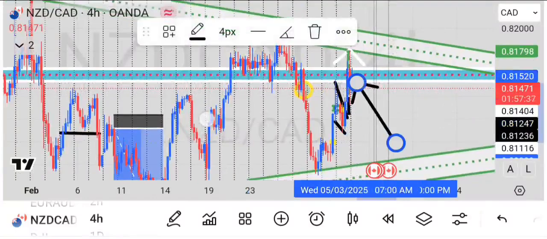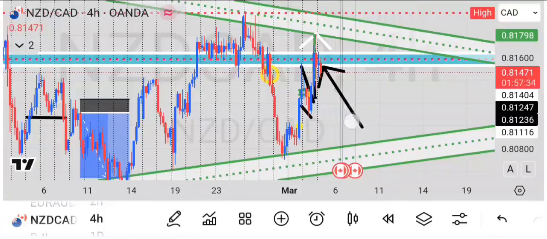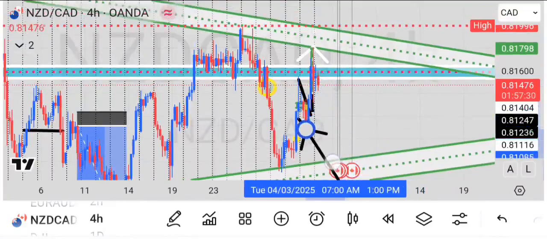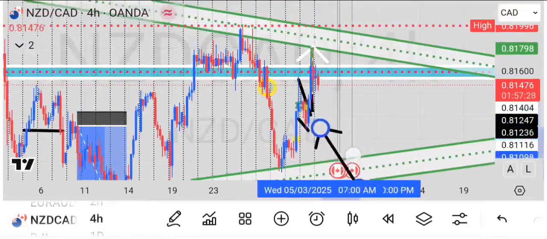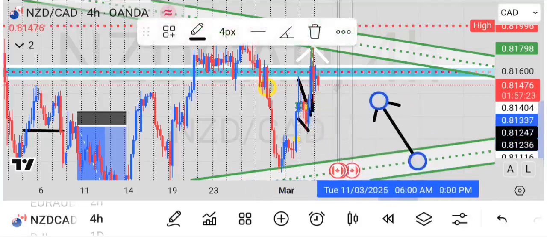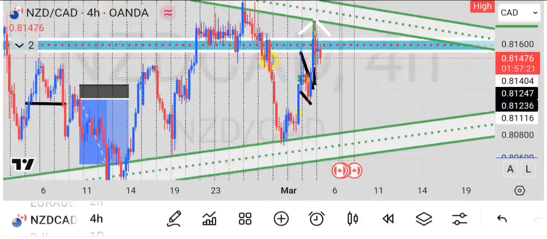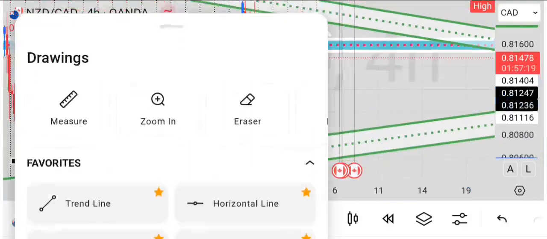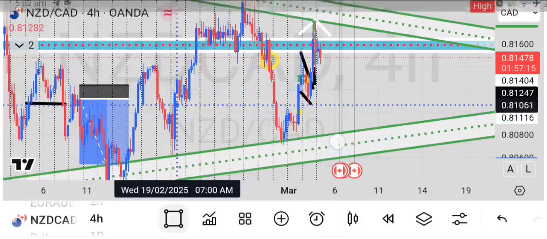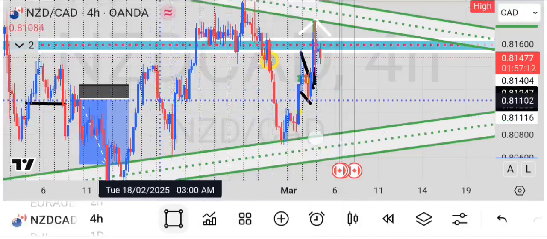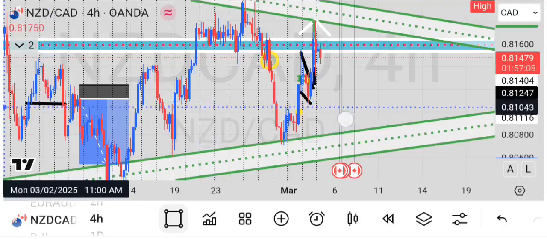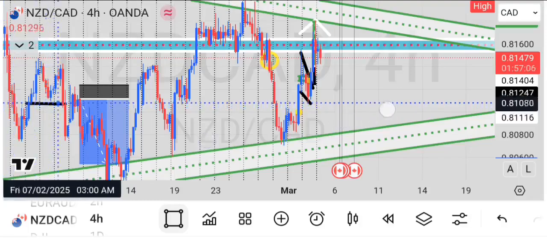So look at the black arrow now. Let me shift the rectangle. This is on the 4 hours time frame. This was where I took this trade.